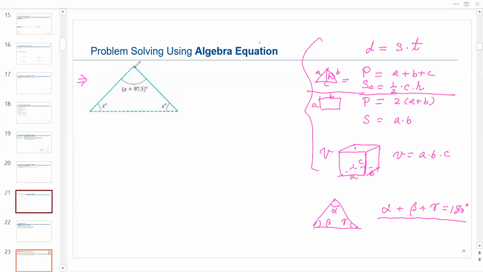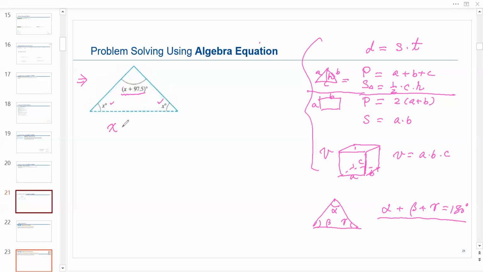So they have a triangle. The bottom two angles are x here, and the third angle is x plus 97.5 degrees. What's the relationship between these three angles?